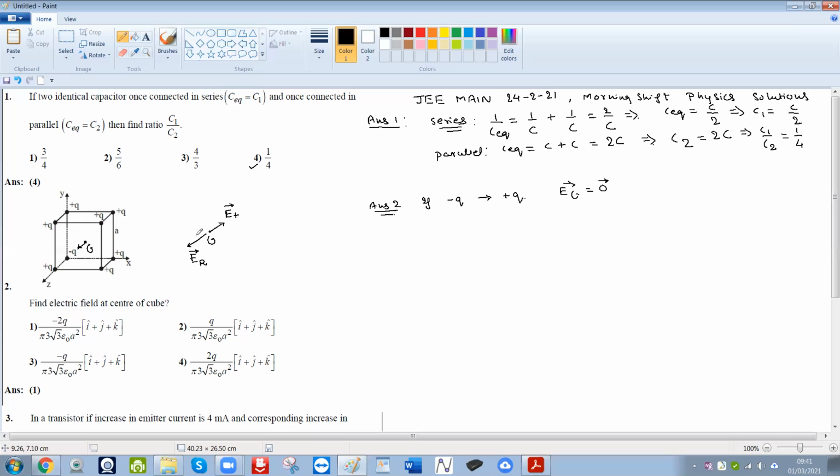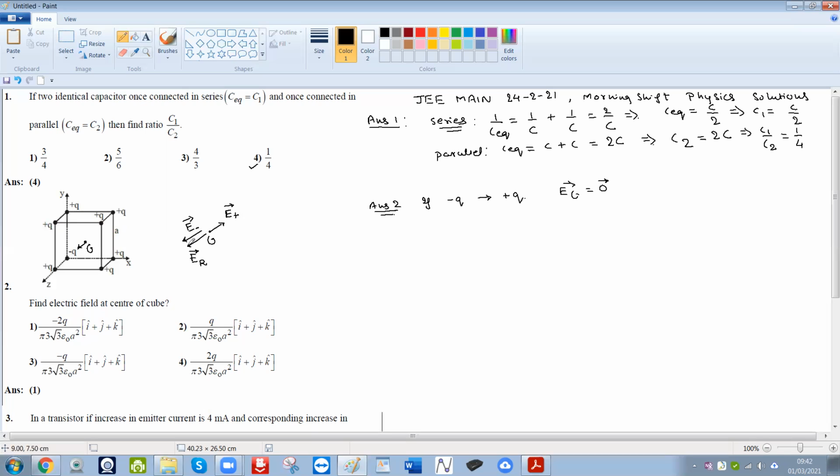Now, in actual distribution, instead of this positive charge, we have a minus q charge. So, overall field due to the given distribution should be equal to sum of these two fields.